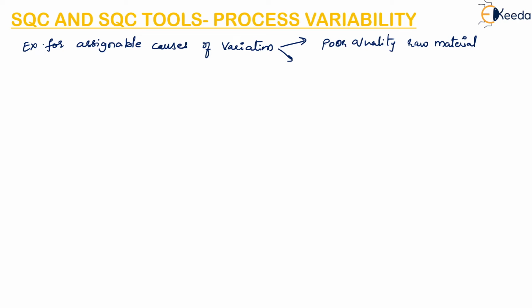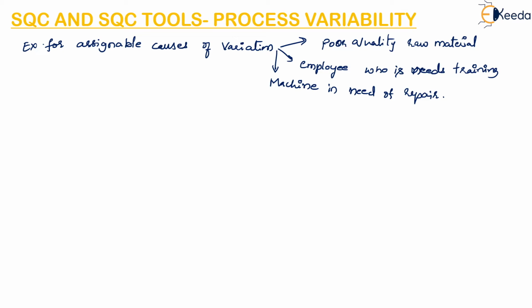So examples for assignable causes of variation: poor quality raw material, an employee who is unskilled or needs training, or a machine requiring repair. These causes can be identified and corrected.